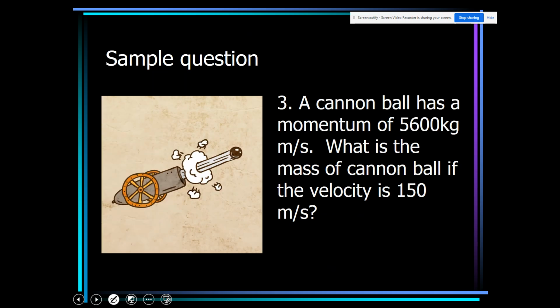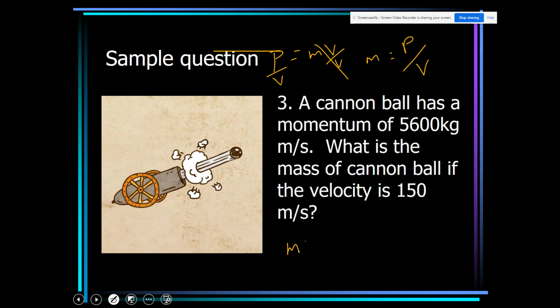Sample question number 3. Let's say a cannonball has a momentum of 5,600 kilograms meters per second. What is the mass of the cannonball if the velocity is 150 meters per second? Again, we have to take a look at the momentum formula. This time we're solving for mass, so I need to divide out by v on each side. And I see that the mass is equal to the momentum divided by the velocity. So this is a little formula manipulation going on.